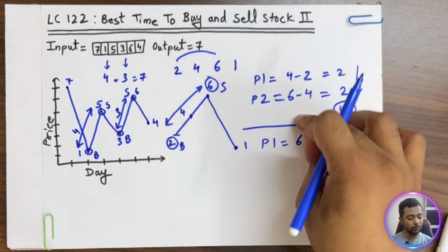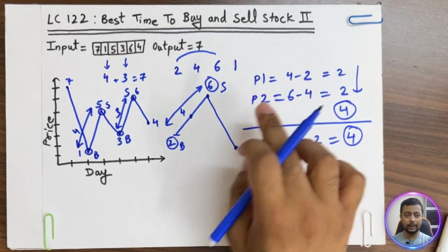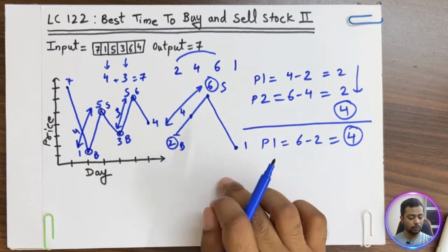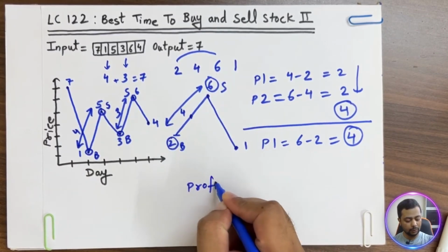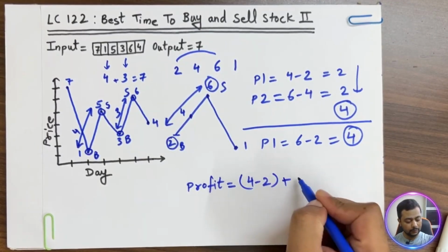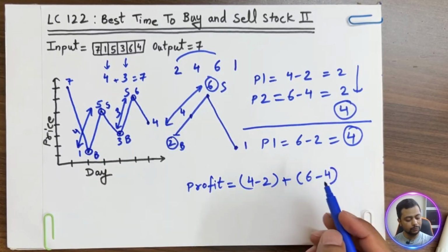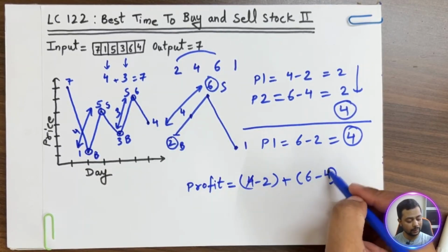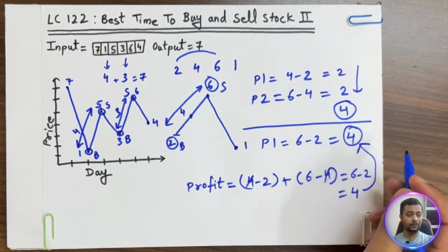Another way to write this would have been, in the first case, when I am selling on each consecutive day, as long as my stock price is increasing, my total profit would have been written something like this: 4 minus 2 plus 6 minus 4. This is nothing but, if you see, this 4 gets cancelled out with this 4. So this is nothing but 6 minus 2, which will again be 4. And this will match exactly with this particular step.